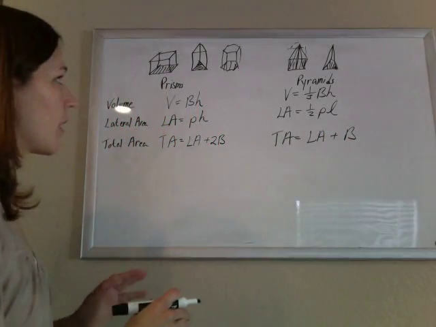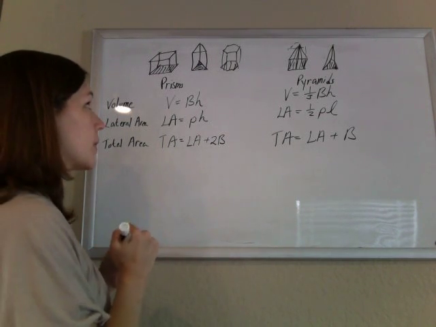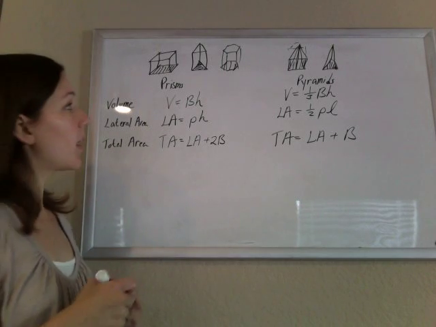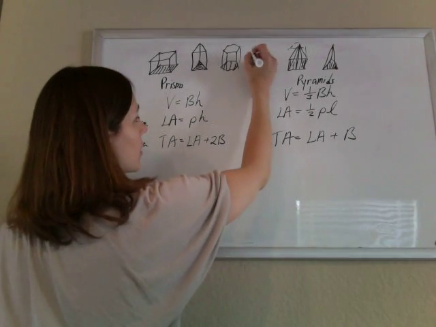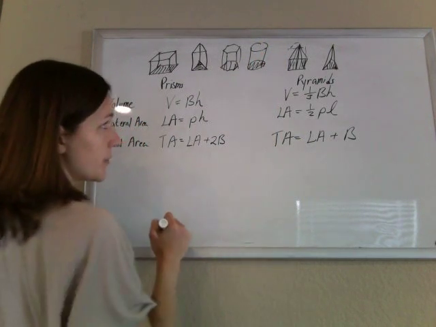Ta-da! Now, you guys might be thinking, well, what about cones and what about cylinders? Well, I think of cones or cylinders as just a prism with a circular base.